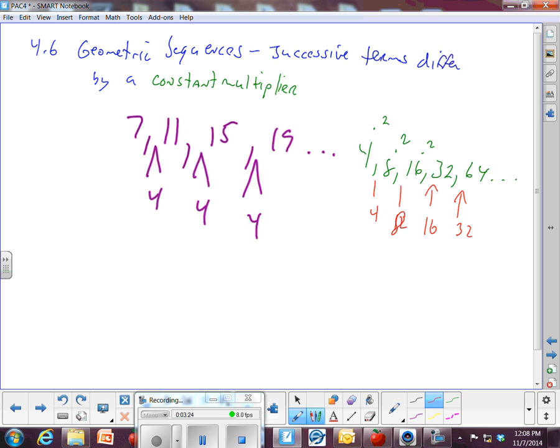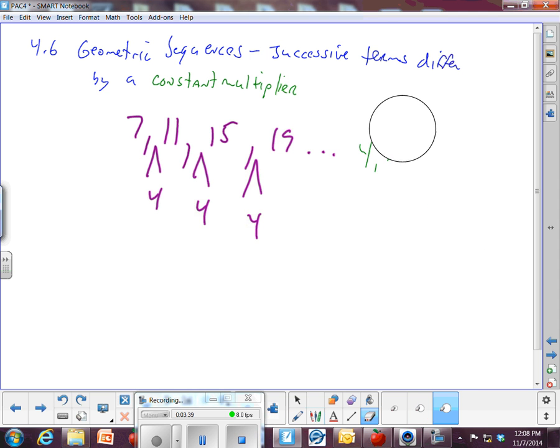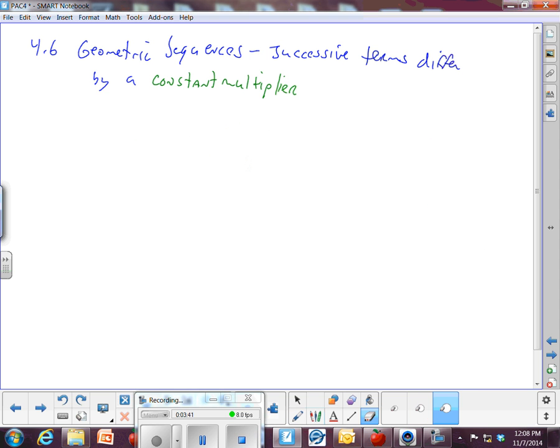So what's happening to the gap? The gap is also doubling. So the gap between is doubling as the numbers double. There are all kinds of patterns you can look at with sequences. So with geometric sequences, what you've got to keep straight is that you don't have a common difference, you have a constant multiplier.